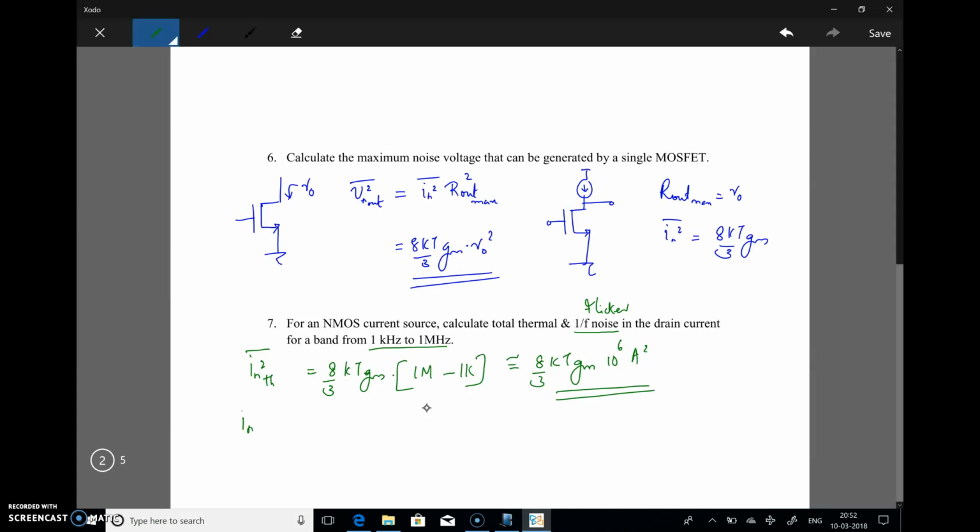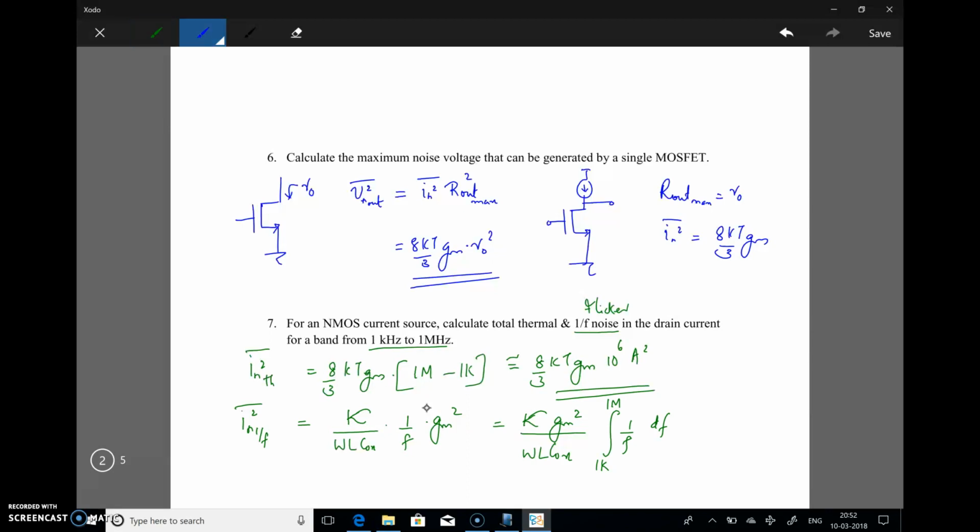Again, 1 by f noise can be written with K, your flicker noise coefficient, as K by WLCox into 1 by f into Gm square. Because we modeled flicker noise as a voltage component, it can be written as current by multiplying with Gm square, or this can be written as K Gm square divided by WLCox, and integrate from 1K to 1 meg of 1 by f df.